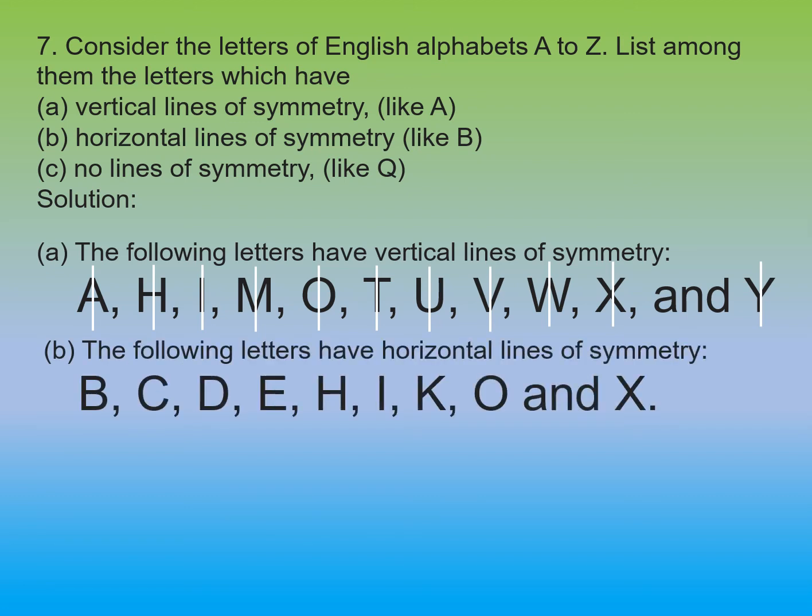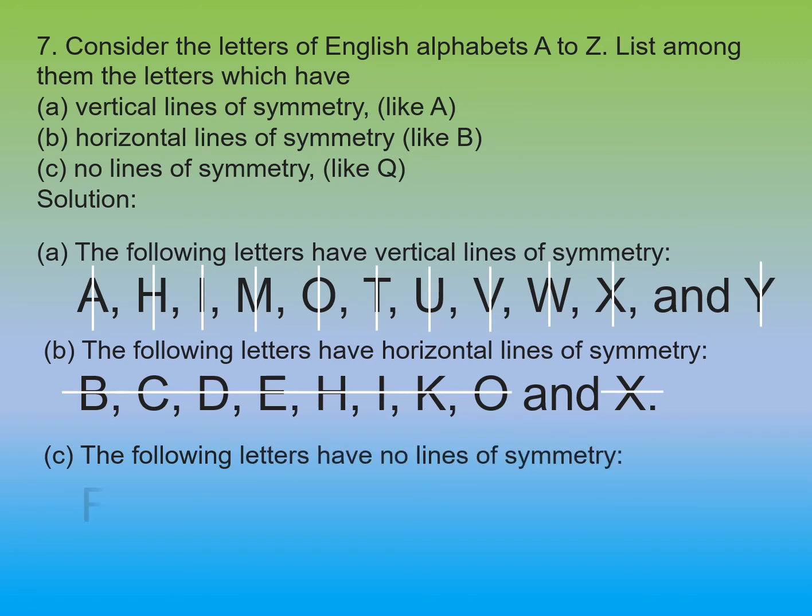And horizontal lines of symmetry, B and these letters. Some letters have both vertical and horizontal lines, isn't it? Here H has both. I, O, X, all these letters have both symmetries. And these letters have no lines of symmetry.